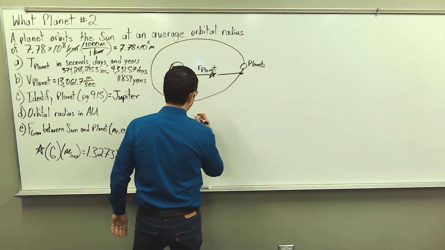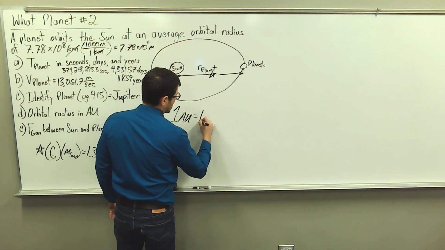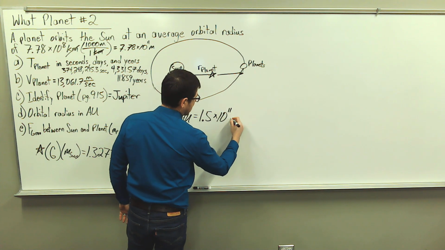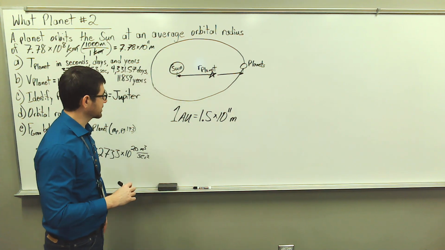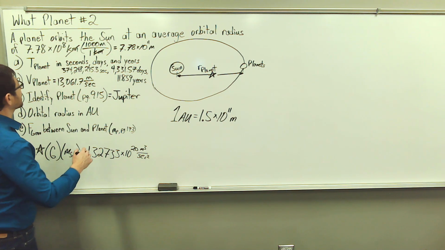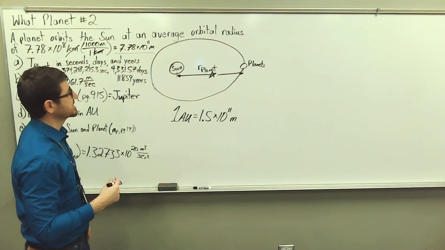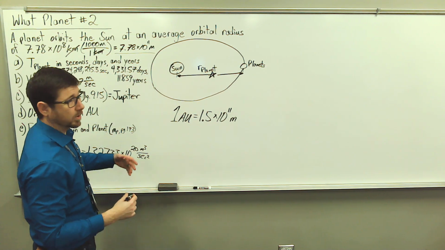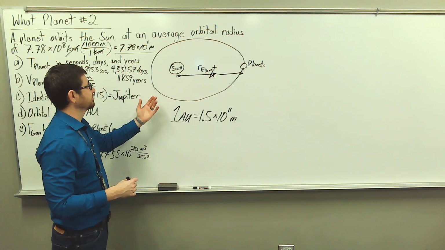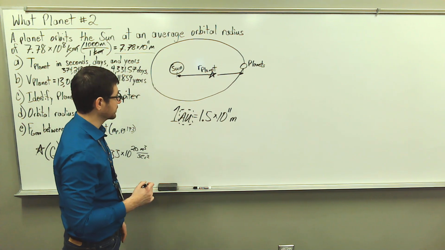And we know that 1 astronomical unit is equal to 1.5 times 10 to the 11th meters, okay? We know that the average orbital radius of our unknown planet is right here, 7.78 times 10 to the 11th meters. So what we can do is perform some more dimensional analysis. We're going to cancel units of meters, so we wind up with units of astronomical units.